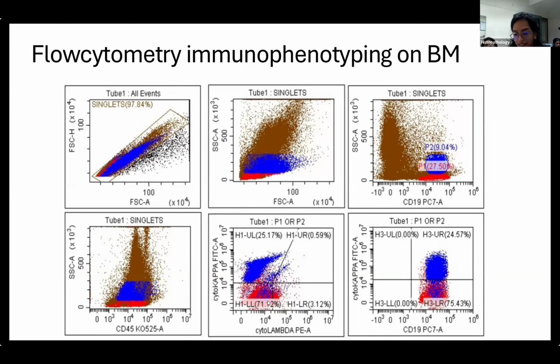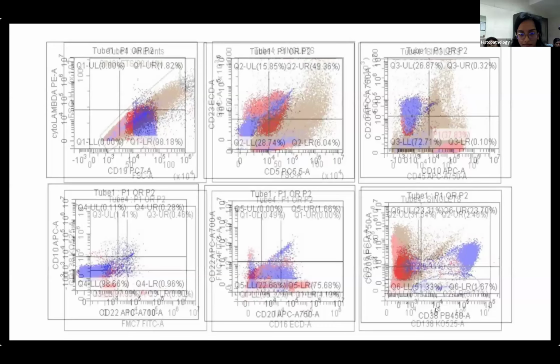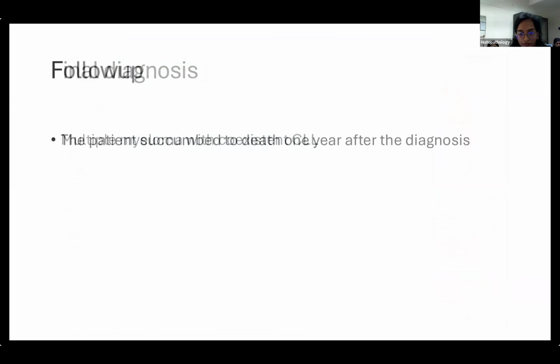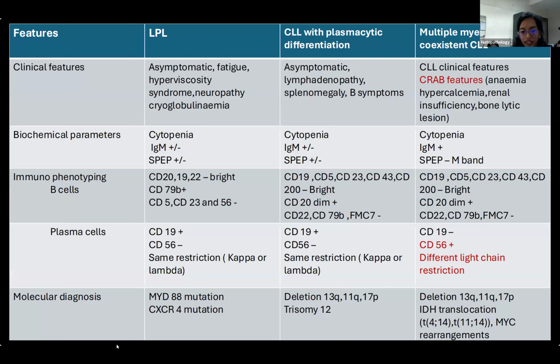Here, in the table, in case of lymphoplasmacytic lymphoma, if the B cell is showing kappa restriction, it means the plasma cell will also show the same restriction, that is kappa restriction.